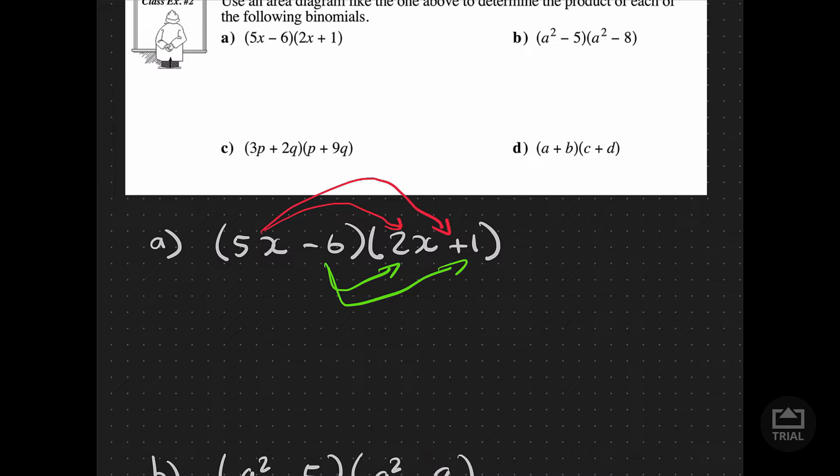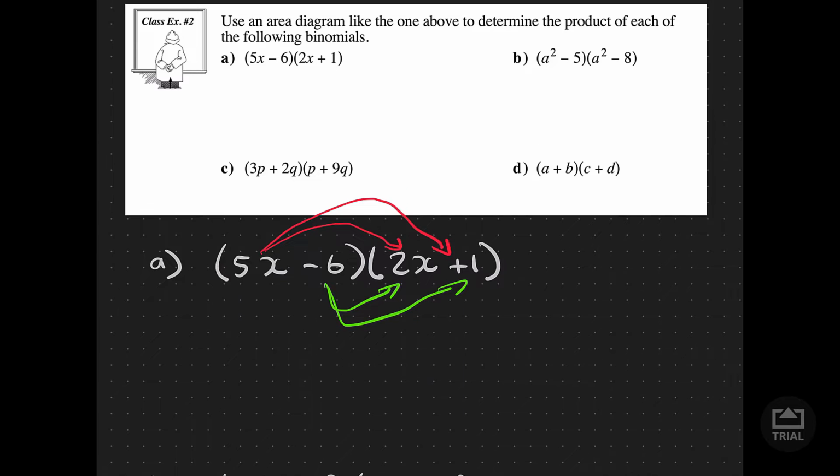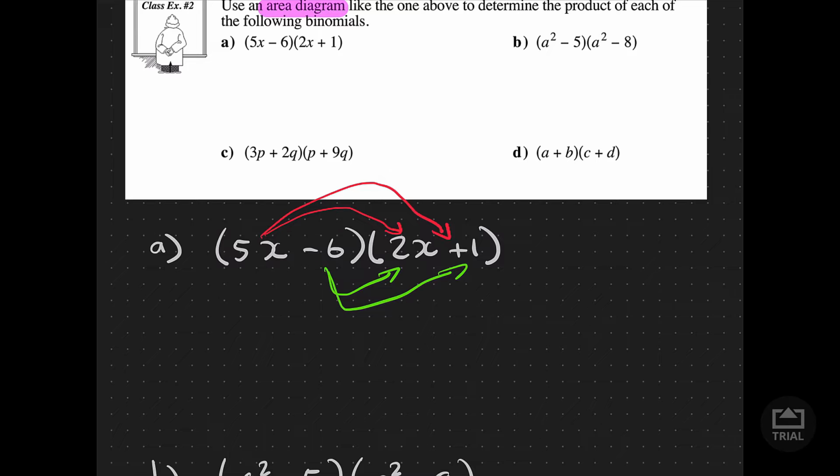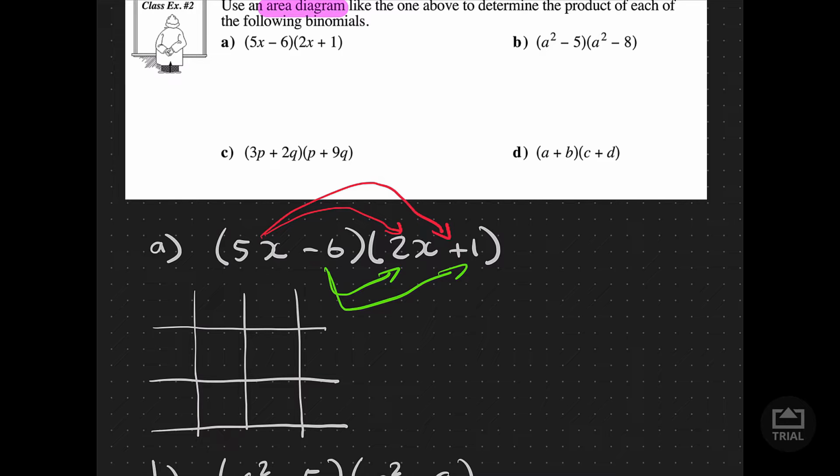Now we're going to start off by using what we call an area diagram to solve this. Essentially what we want to do is draw a grid. So you're going to draw a grid down, down, and down. Basically 3 lines like that, and 1, 2, 3 lines like that.